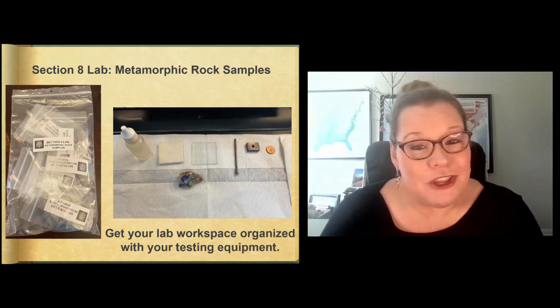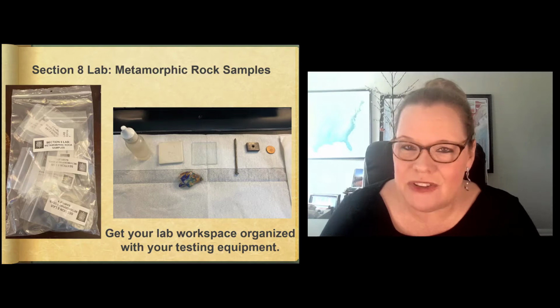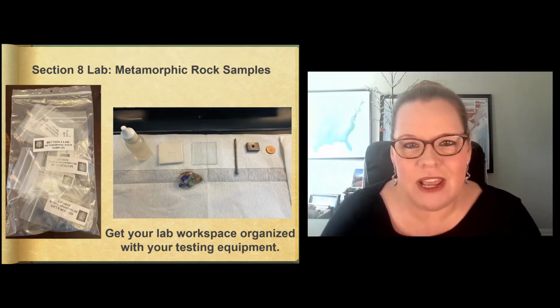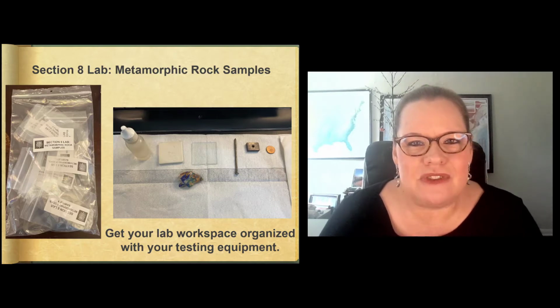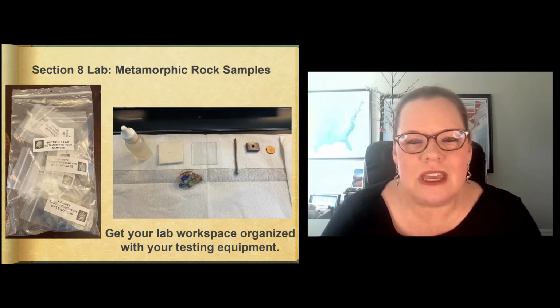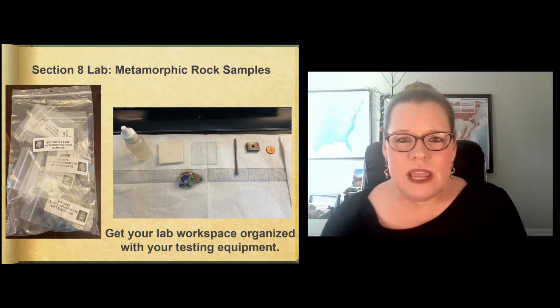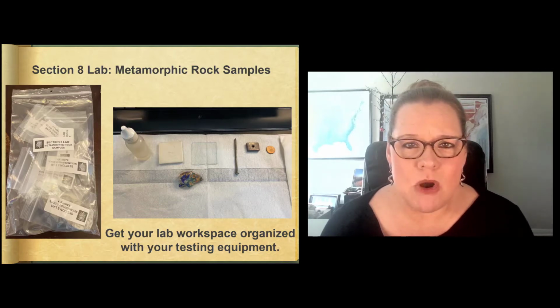So, just like you've done before, you're a pro at it now. You just get your space all done. You get a nice, neat work area. I need you to test your samples using your streak plate and your hardness tools. If you've got your acid, you can do that. That's kind of an interesting thing on metamorphic rocks. For example, marble's parent rock is one of two things.